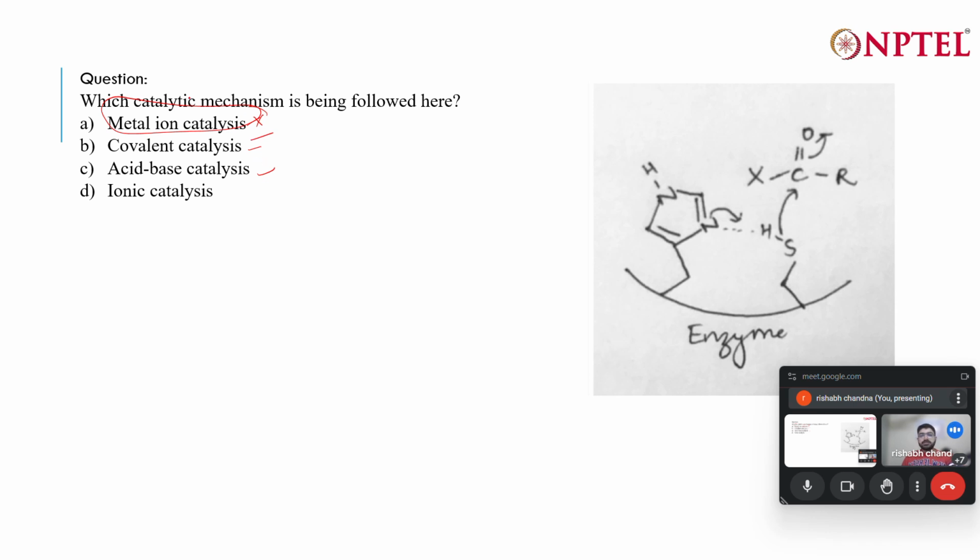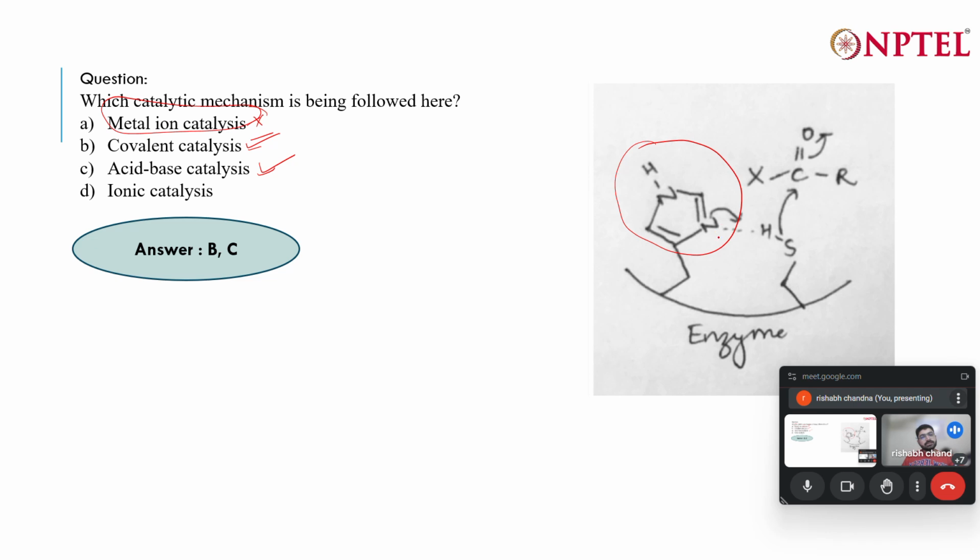Okay, so let's see the answer. The correct answer is option number B and C, that means covalent catalysis and acid base catalysis. As you can see in the image, this particular group belongs to imidazole, basically histidine.